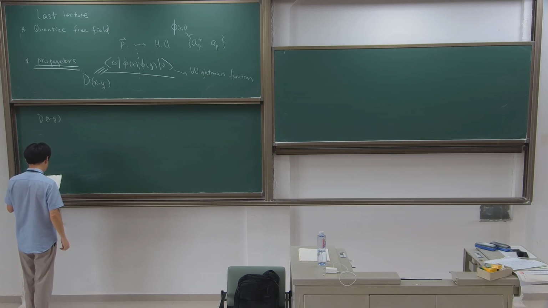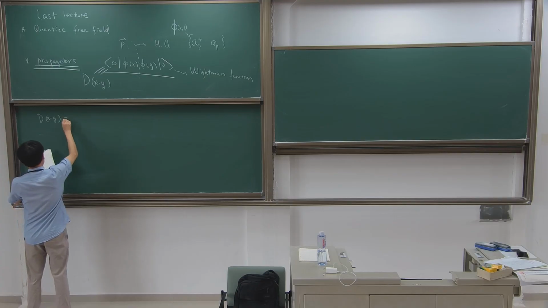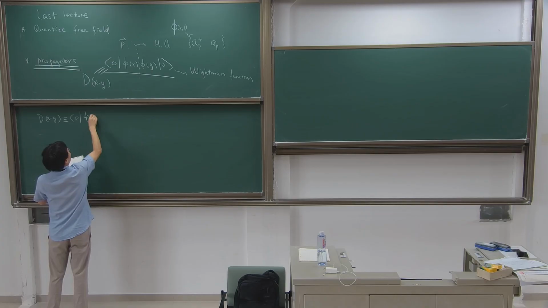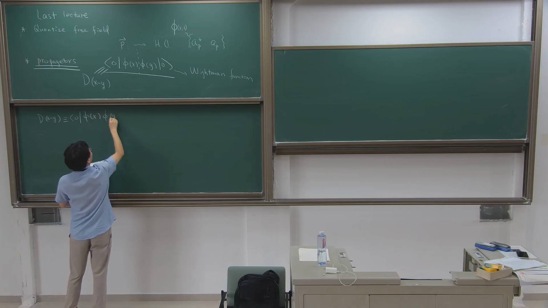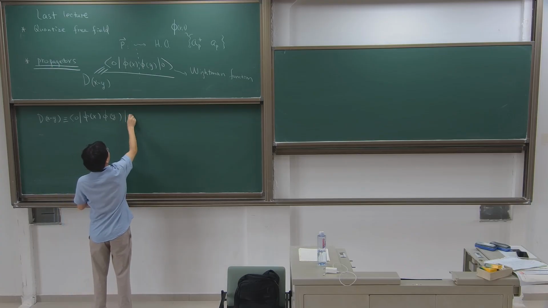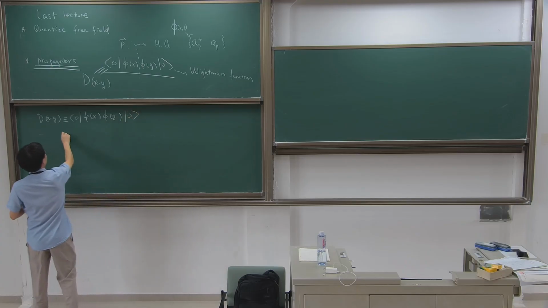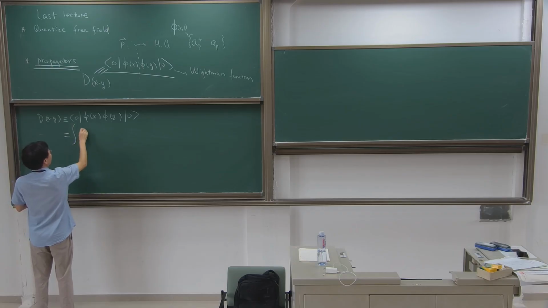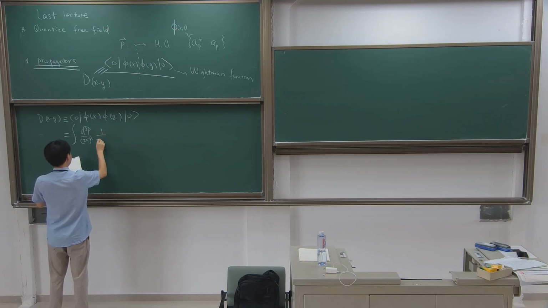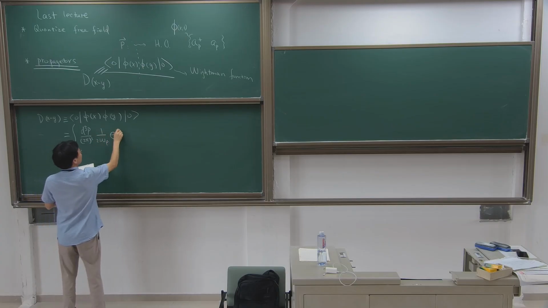Simply, we plug in the a, a dagger definition for both phi fields and plug into this definition, and we eventually get this formula.